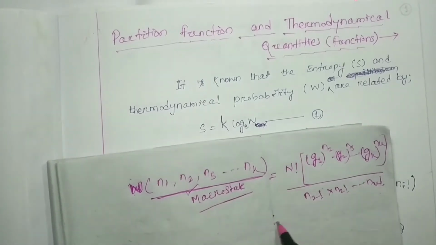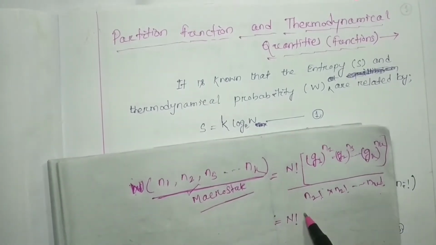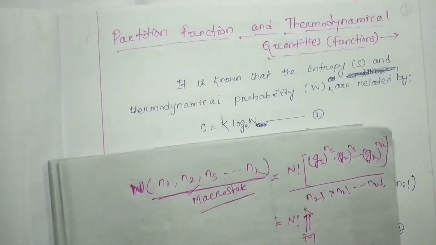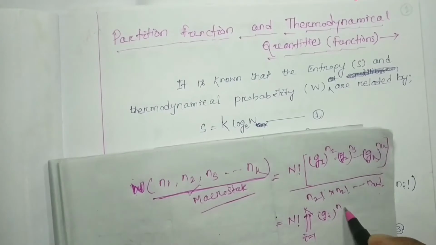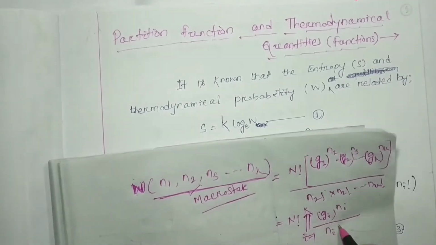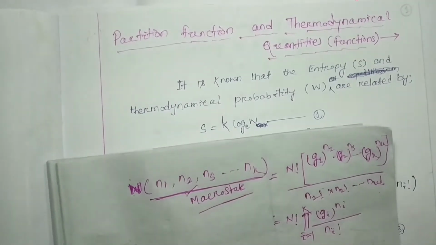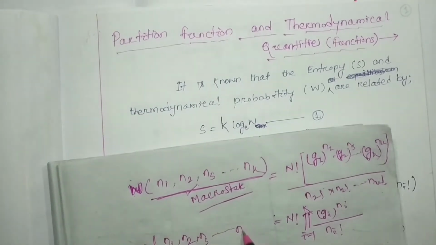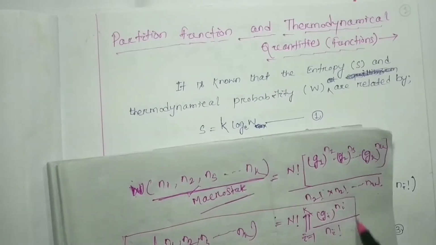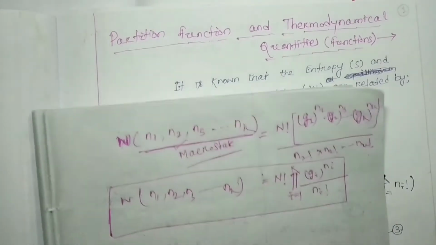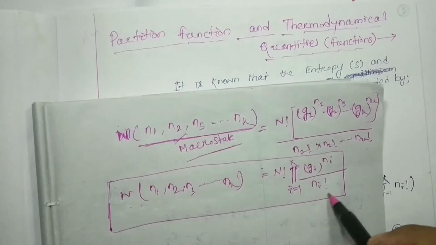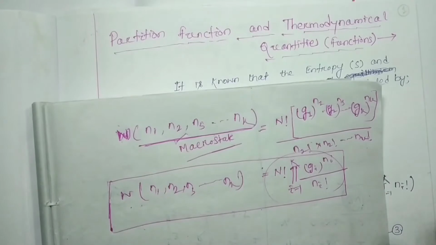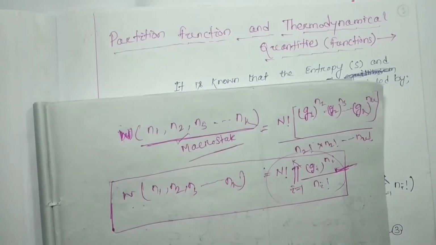Or this can be written as n factorial, product from 1 to k, gi to the power ni divided by ni factorial. How the W value comes to be this much, we discussed step by step in our last class. You go for those videos.